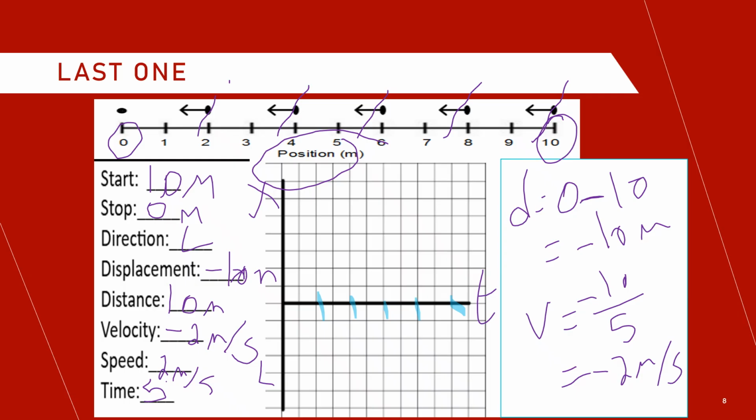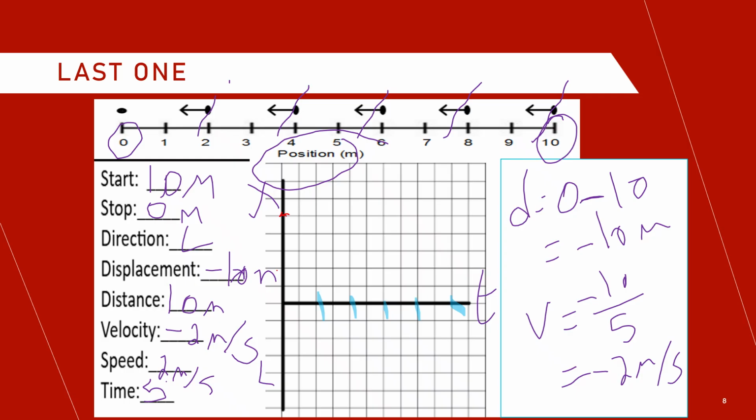My first point went from 10 to 8. So we started off at 10. If I was to use increments of 2, 2, 4, 6, 8, 10, at time 0, we were here.